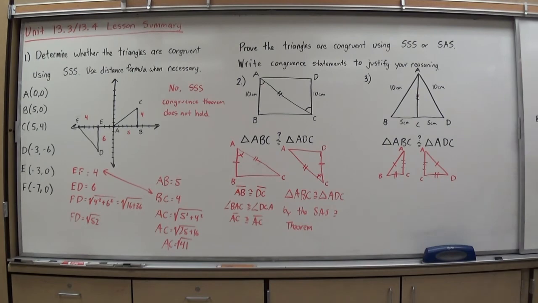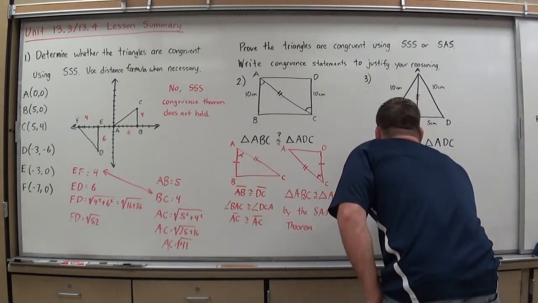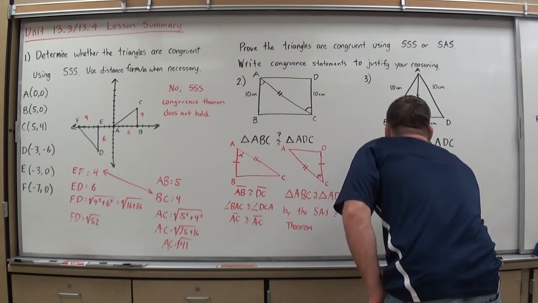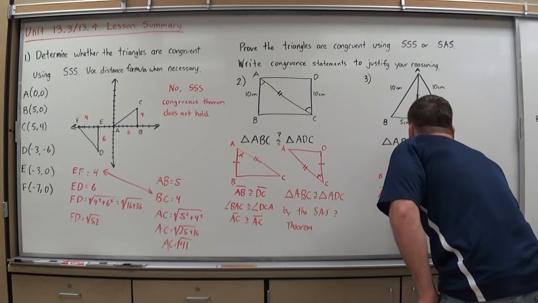And now I've got side, side, side in triangle 1, side, side, side in triangle 2. I have enough information now to say the 2 triangles are congruent. So I have to list it, and I have to make sure I match them correspondingly correct. So AB, side 1, is supposed to be congruent to AD, side 1.